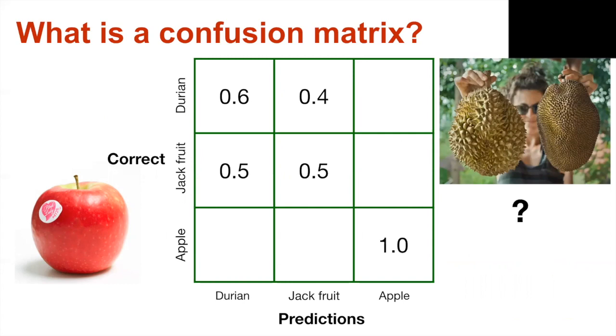In this case, this confusion matrix shows that the annotator tends to misclassify durian as jackfruit 40% of the time in the first row, and jackfruit as durian 50% of the time, but the person always gets apples correctly. And the model aims to learn these confusion matrices of the annotators and separate them from the true label distribution, purely based on noisy observations.